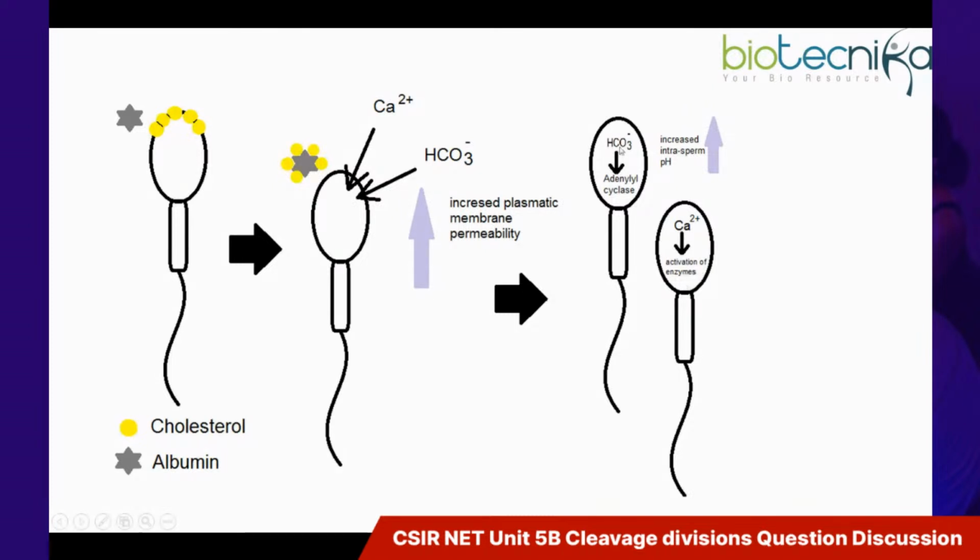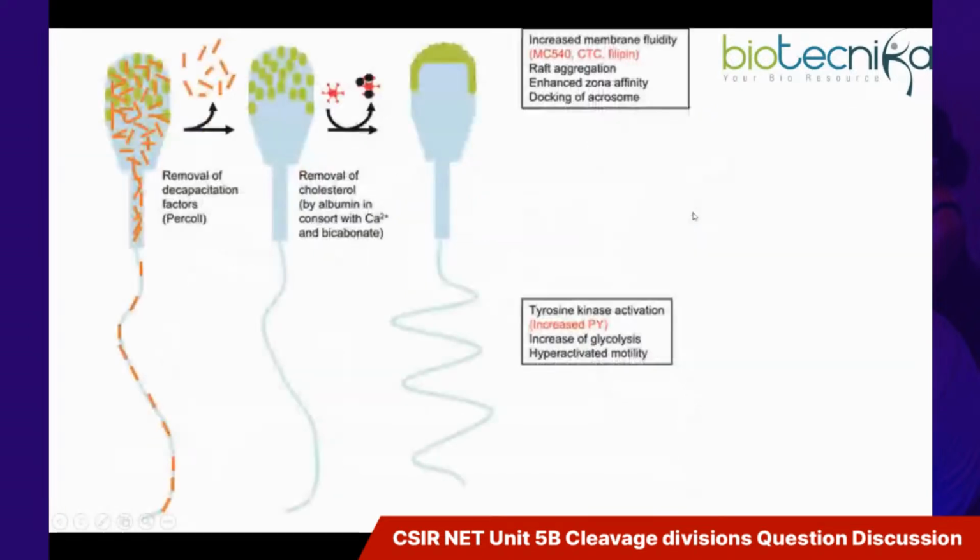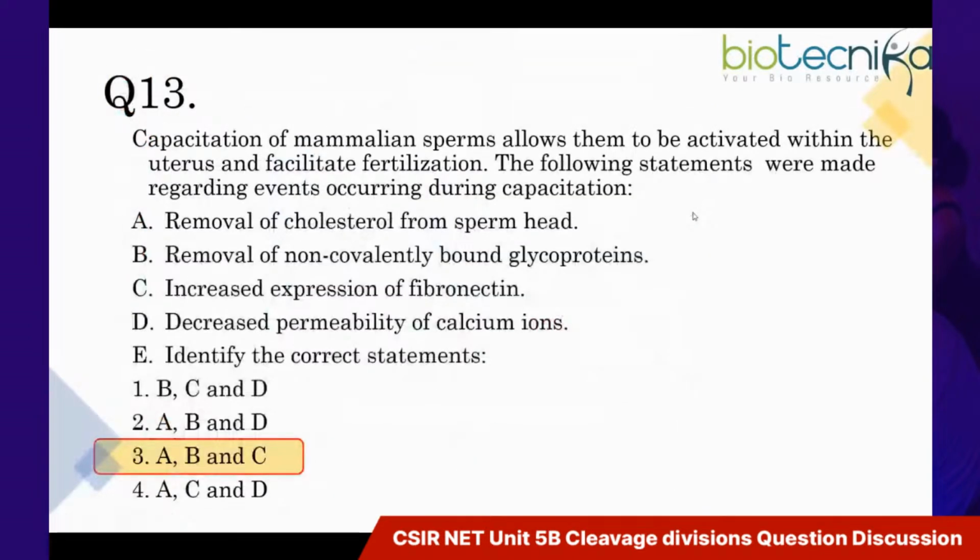Now, because bicarbonate ion came inside, there will be increased intrasperm pH. All these physiological events lead to the capacitation of the sperm. So this option is not correct, because decreased permeability of calcium ion is wrong; it increases the permeability of the plasma membrane.